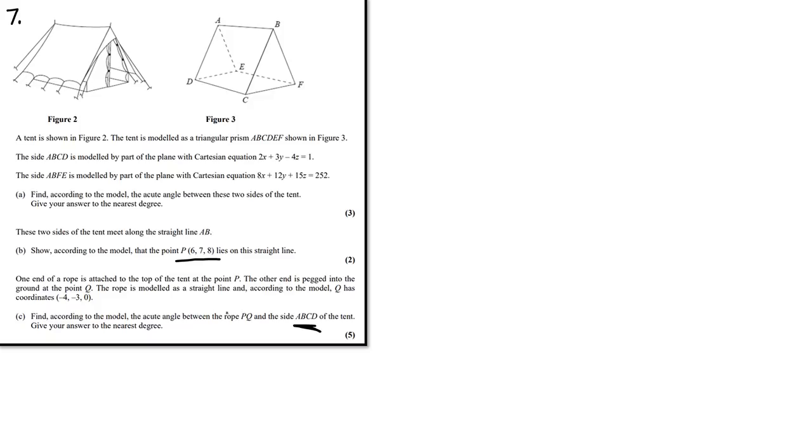Okay, so what we've got here is the point P, 6, 7, 8, and we have our point here Q. So, like we said, we're going to do the scalar product with the direction of the rope. So for part C, let's keep it with the brackets here just so I make it clear. What I've got then is 6, 7, 8. I'm looking for the direction of the rope, so we minus here our point Q, which is minus 4, minus 3, and 0.